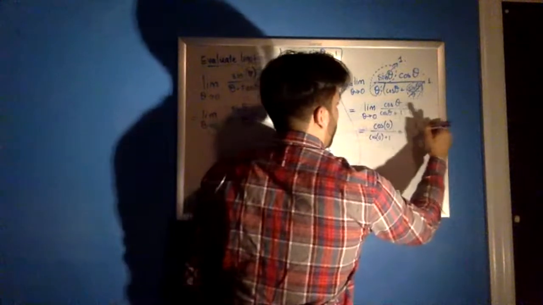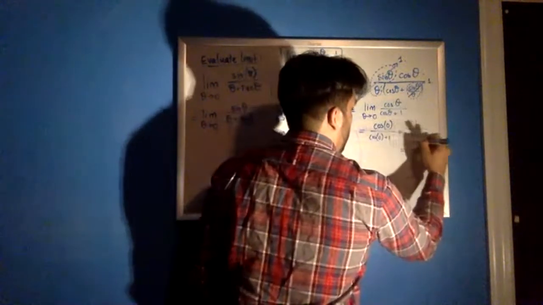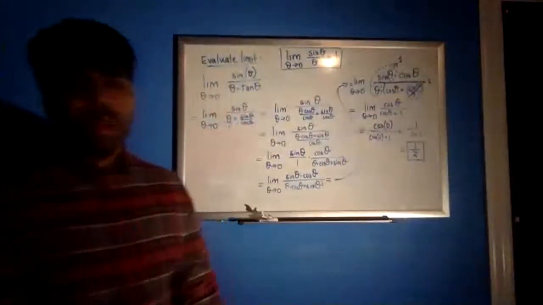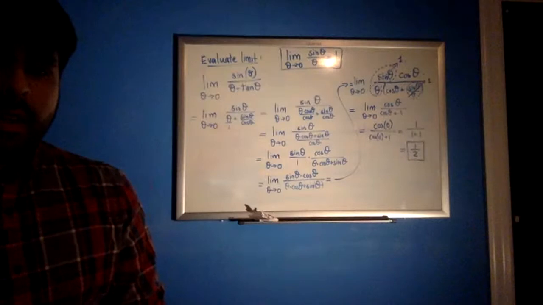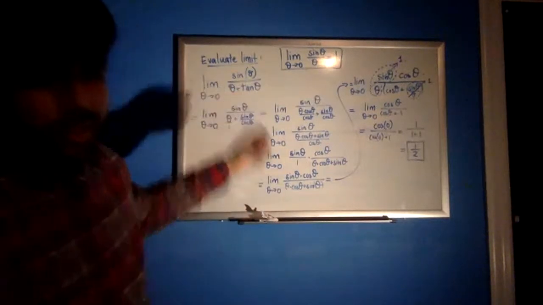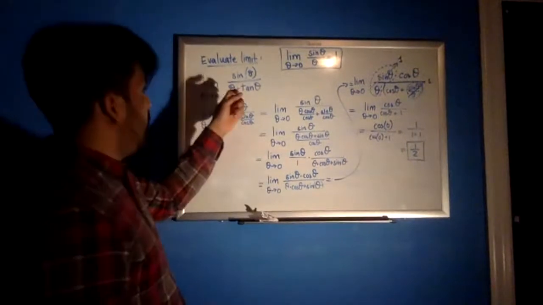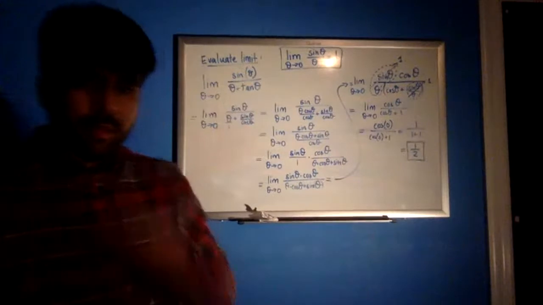And I get 1 over 1 plus 1, which equals 1/2. So the value of the limit of this expression is 1/2.